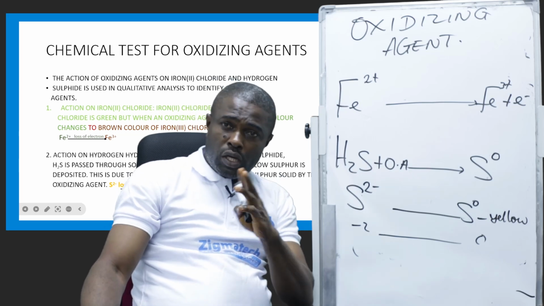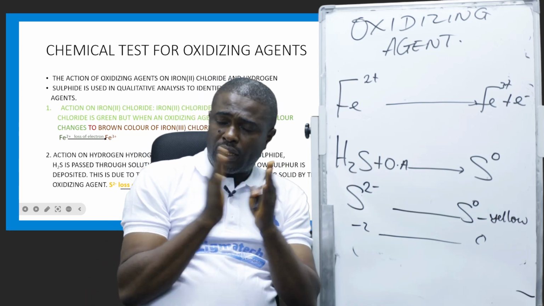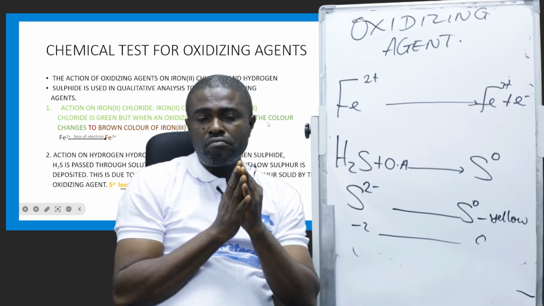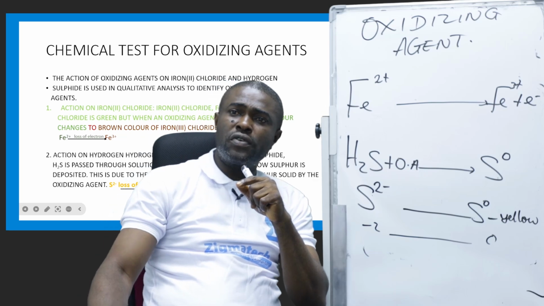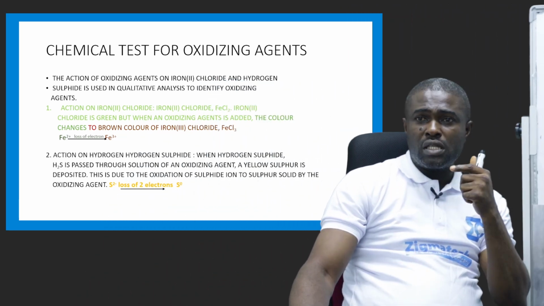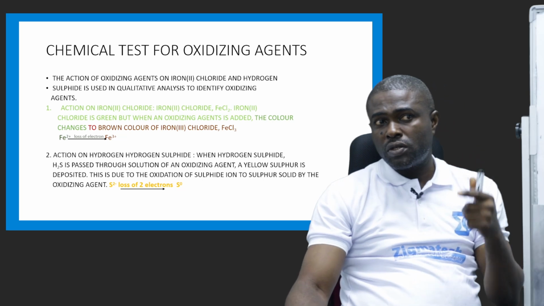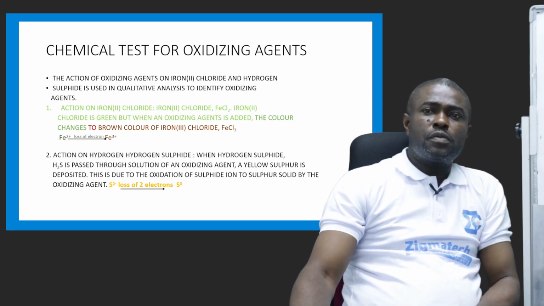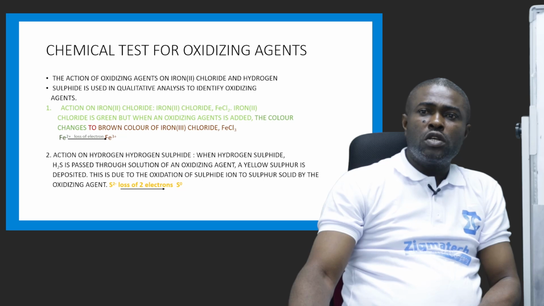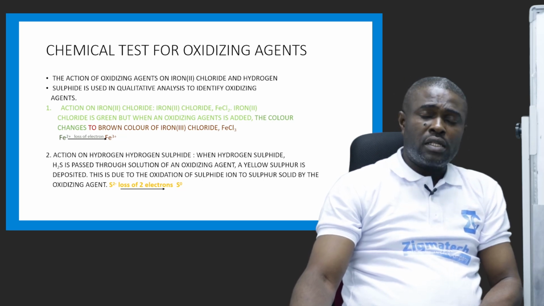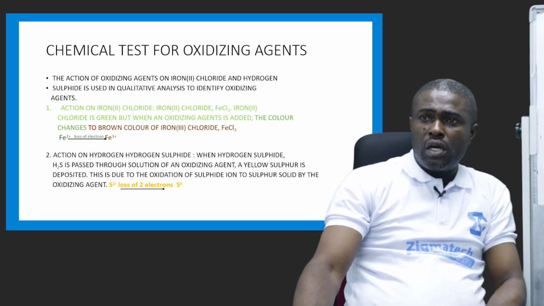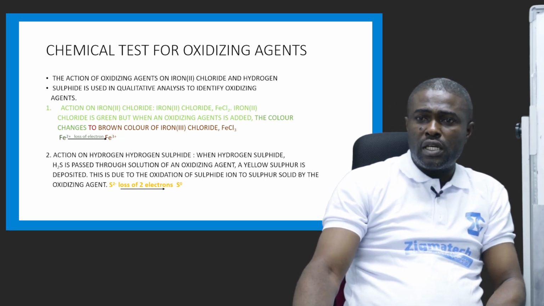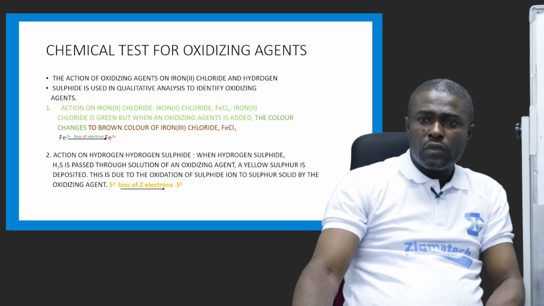So in summary, we can test for oxidizing agents using iron 2 chloride and hydrogen sulfide. Then how do we test for reducing agents? Reducing agent is part of the Redox equation. What can we use to test for reducing agents?